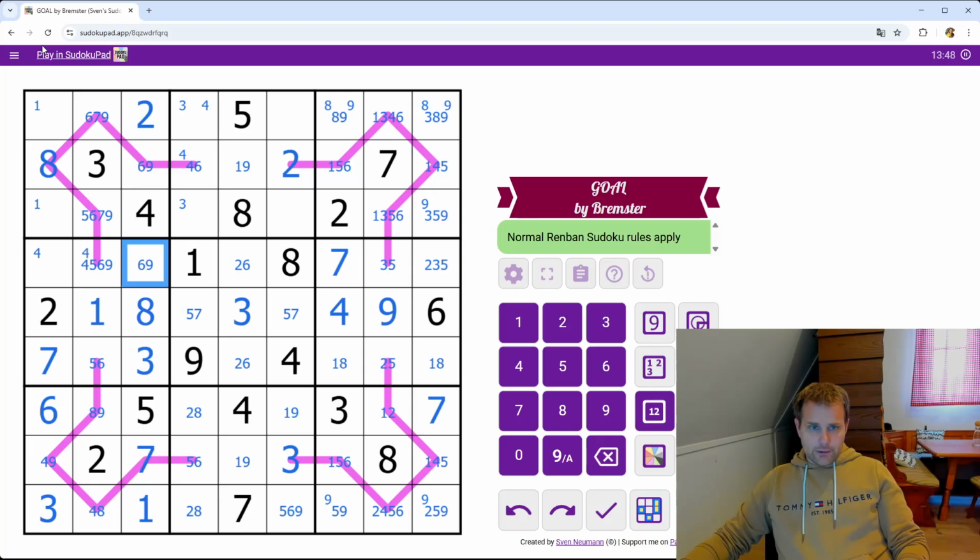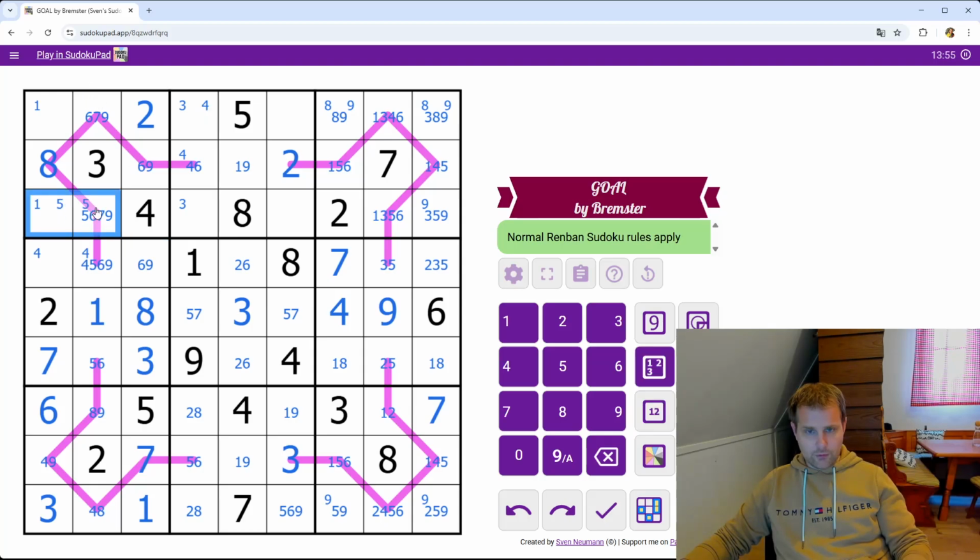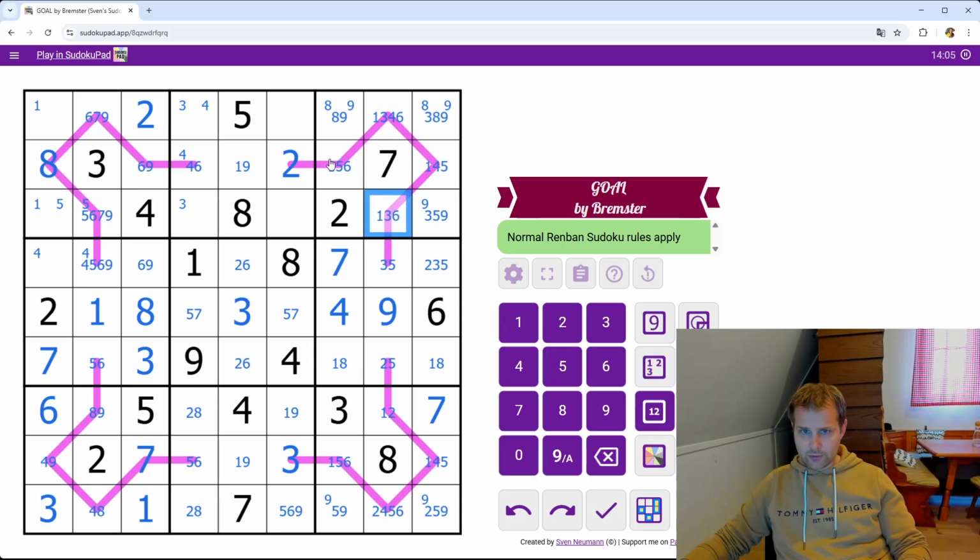Okay. The 5 is in one of those. That means, yeah, this is important. The 5 is up here, so it's not up here. So the 5 is not up here. The 5 is in one of those. And that means that this is not a 5.